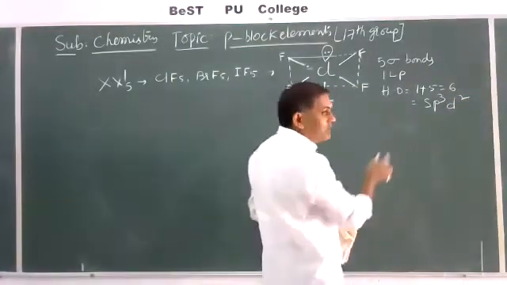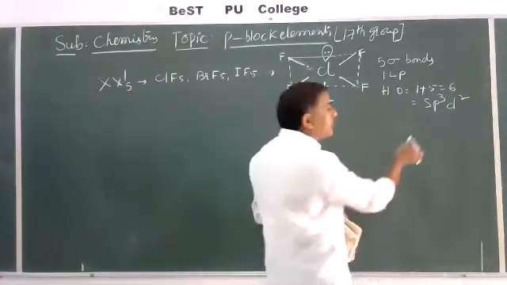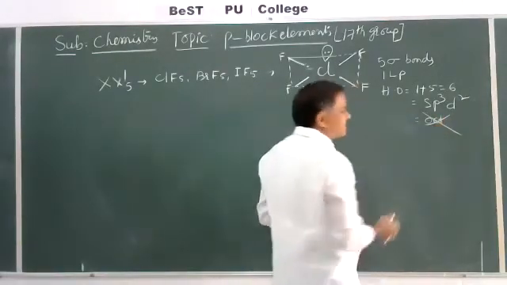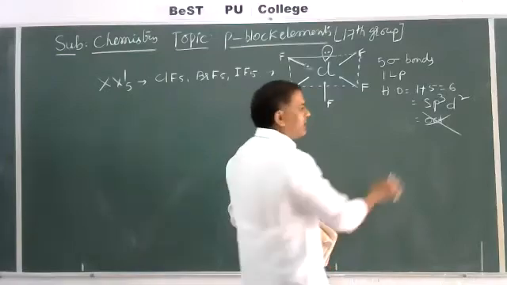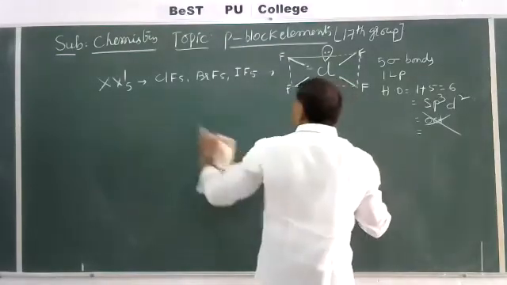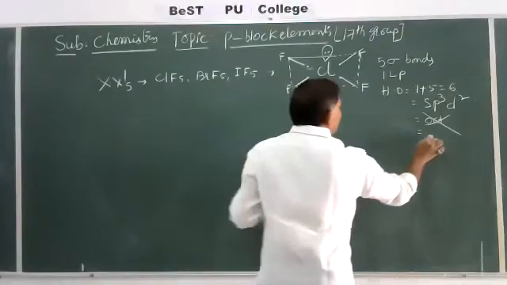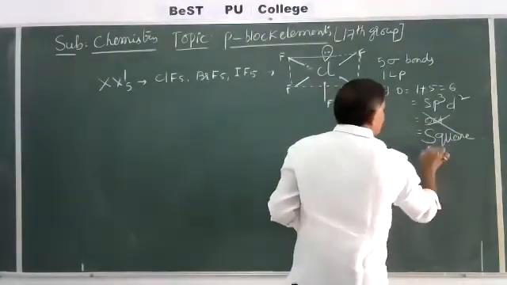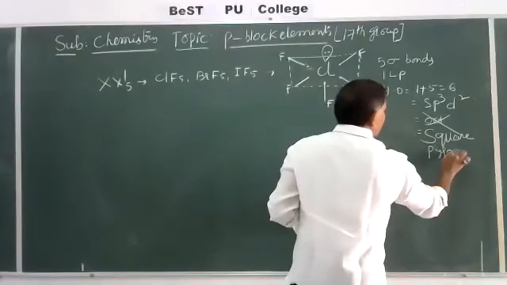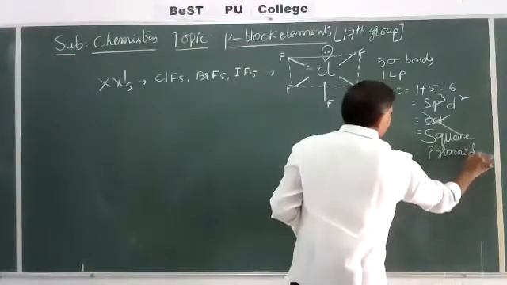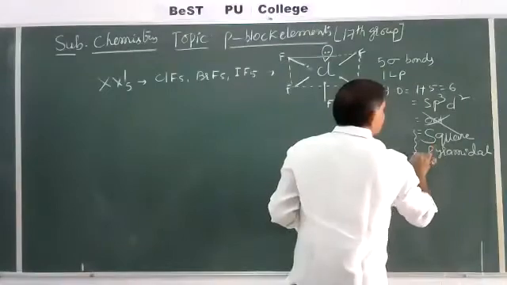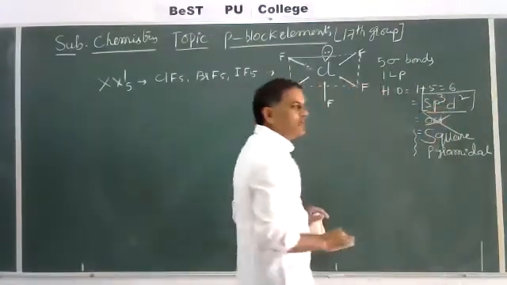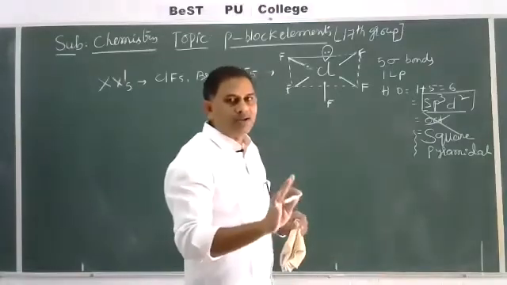If it is sp3d2, its geometry is originally octahedral, but it's not an octahedral structure. All these XX'5 are square pyramidal structure. Very, very important. Generally, by seeing the hybridization sp3d2, its geometry is octahedral, but not octahedral.